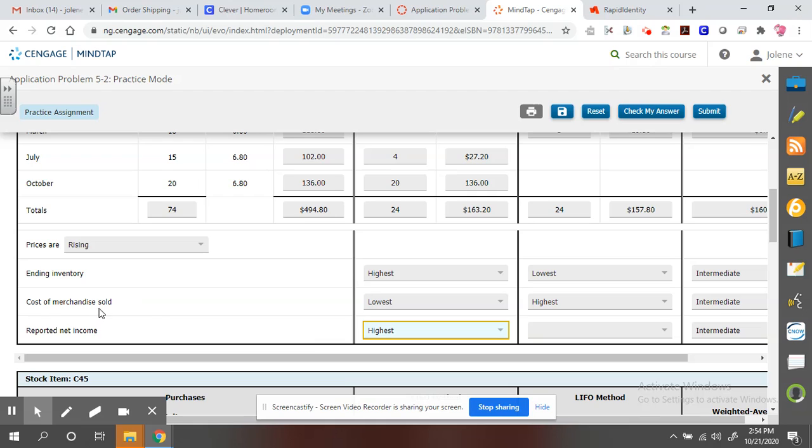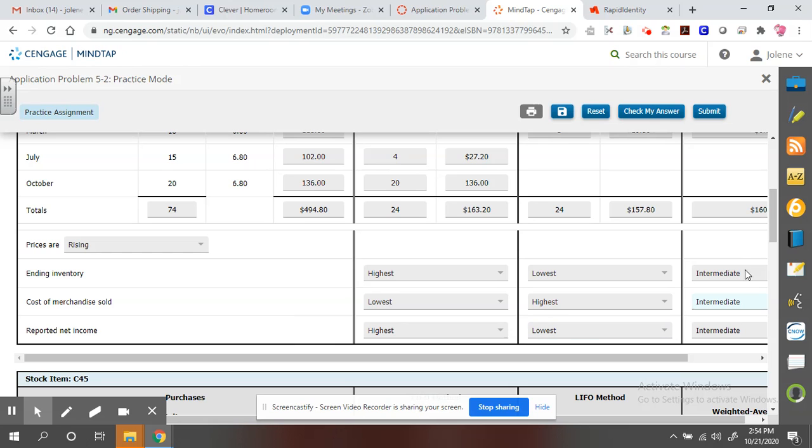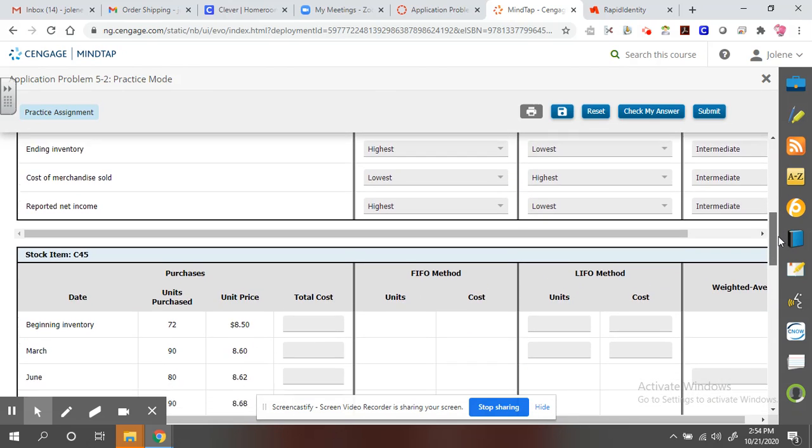If my cost of merchandise sold was the lowest that I could get it, then my profit is going to be the highest. If my cost of the merchandise that I sold is the highest, then I'm not making as much. My profit is lower. All right, and we are done with that first product.